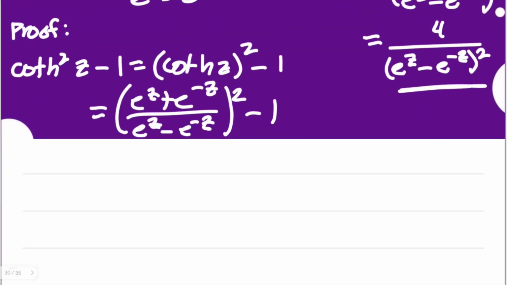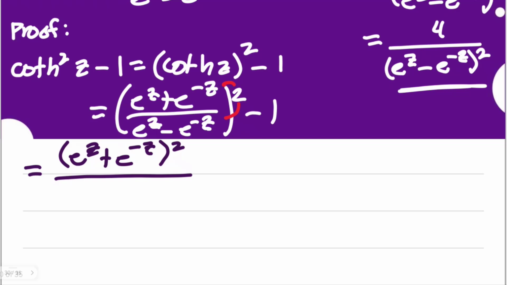Allow me to use the power law of exponents, applying it to our first binomial expression for the numerator and the denominator itself. So you will have the square of e to the power of z plus e to the power of negative z, and your denominator, e to the power of z minus e to the power of negative z, you're squaring that as well, minus 1.